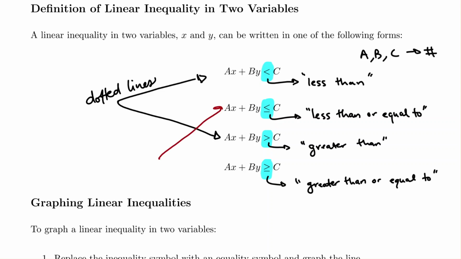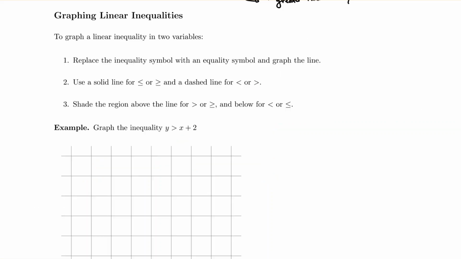But if you have the or equal to line, as we do in the second and fourth, that's when you're going to use a solid line. And the difference between a dotted or a solid line, a dotted line means don't include the line itself. A solid line means include the points on the line. So it's like we want to include either the points above or below the line and the line itself if it's a solid line. That represents the or equal to.